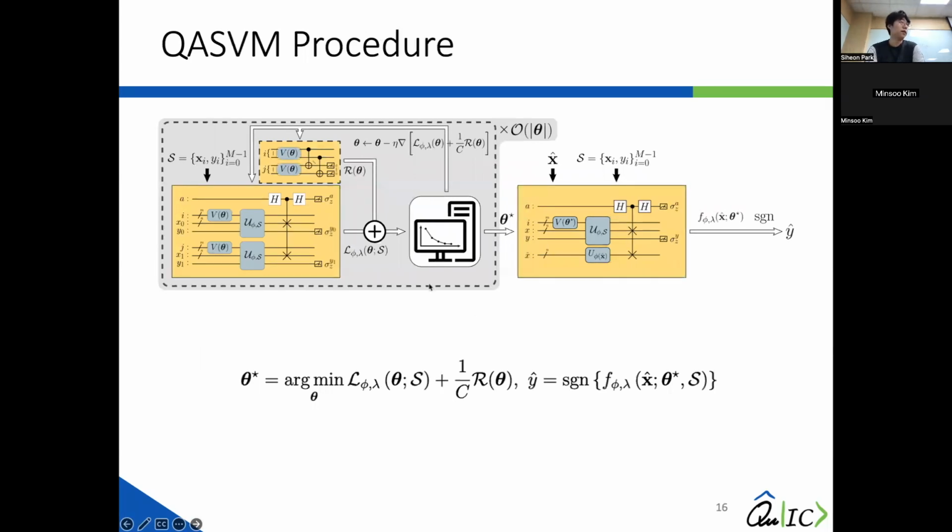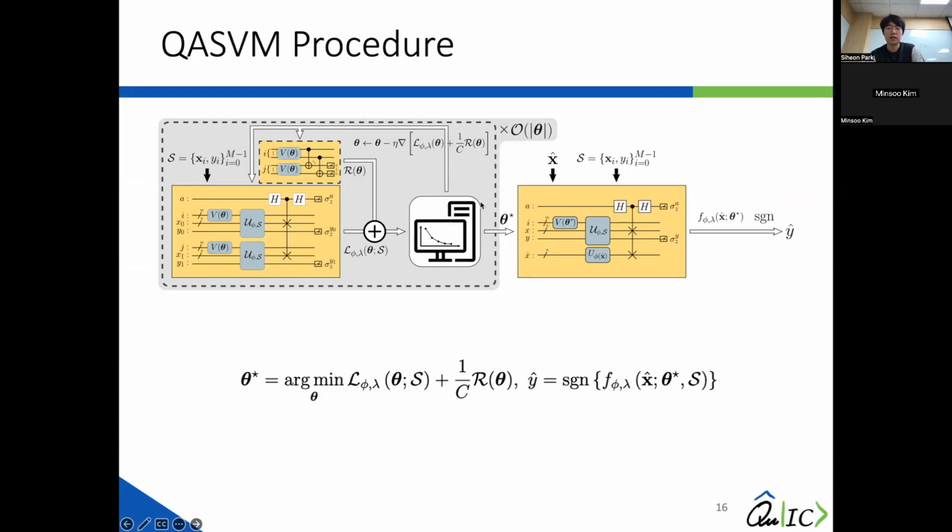Okay, so this is the total procedure or scheme of my algorithm. It is a variational algorithm, something like VQE. We input some parameters to our circuit, and the circuit returns the objective function value, which we use to do repetitive optimization.